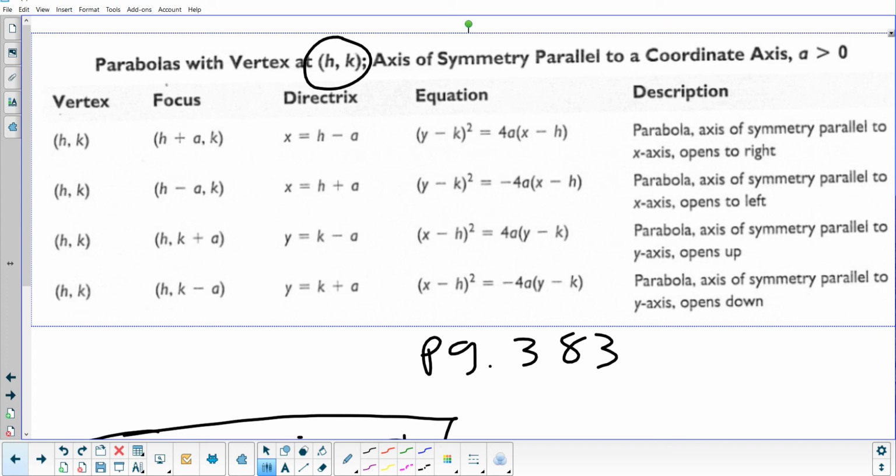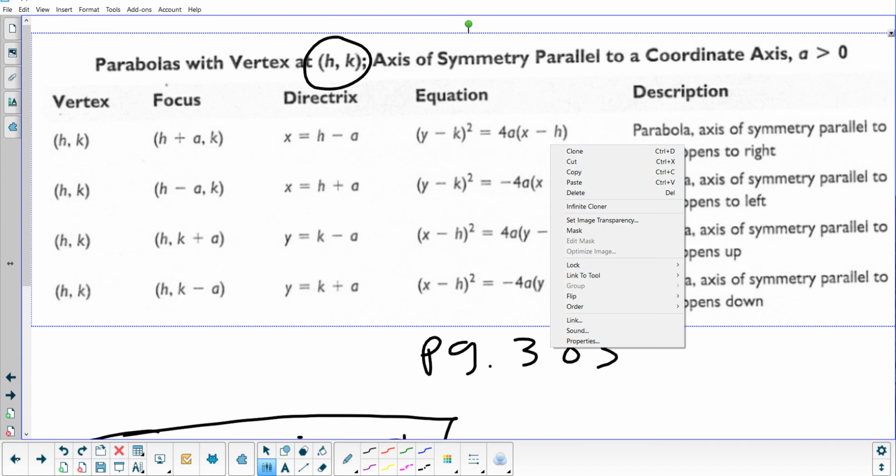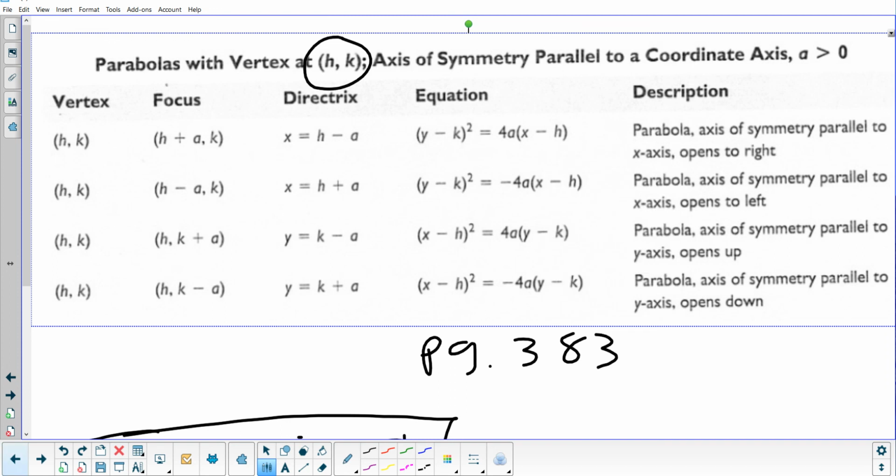HK is going to be the letters we use to represent the coordinates of the vertex. Up until now, you can think of the h and the k as always being 0. So if you just have y - 0 and x - 0, you really just have y and x. But now, the h and the k values might be something different.